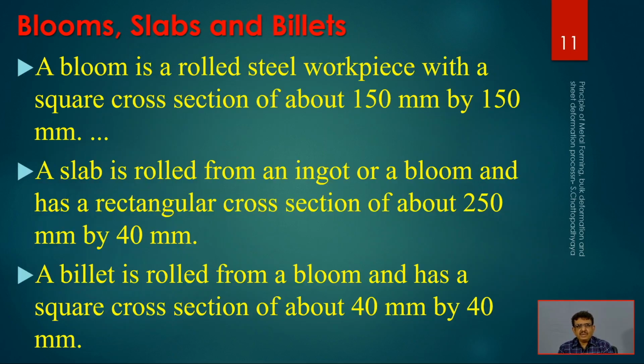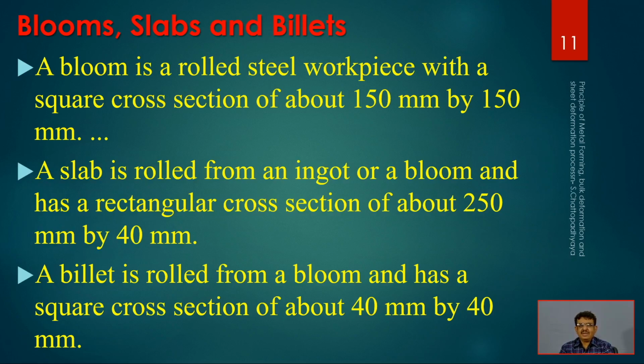A bloom is a rolled steel workpiece with a square cross section of about 150 by 150 millimeter. So length and height are 150, and it has a long length, and depending on the cross section it is called bloom. In case of slab, it is rectangular, the length is 250 and the height is 40.